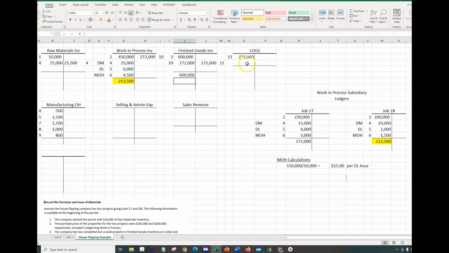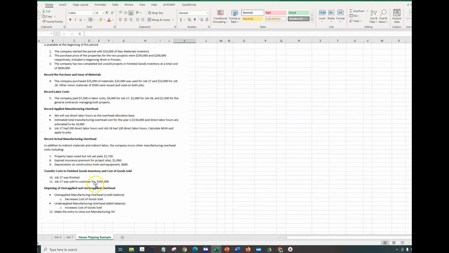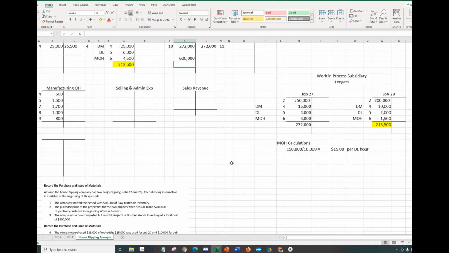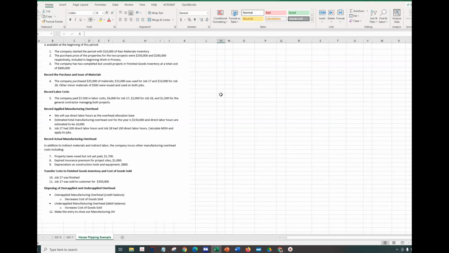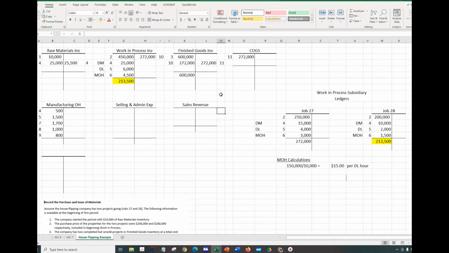So flow of goods through the system. It was sold to a customer for $350,000. Oh, well, I guess we got to record revenue, right? Sales revenue. This would be, I think it's still 11, isn't it? It's 11, yes. 11, sales revenue, $350,000.